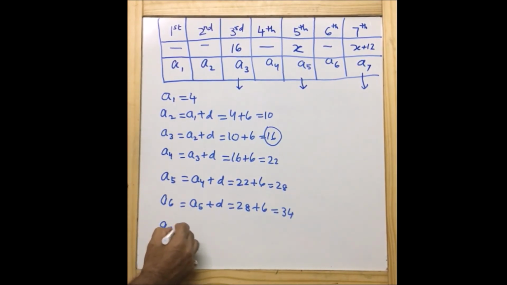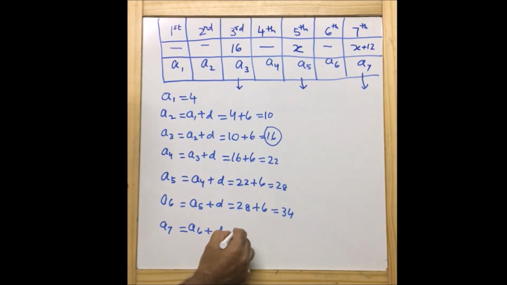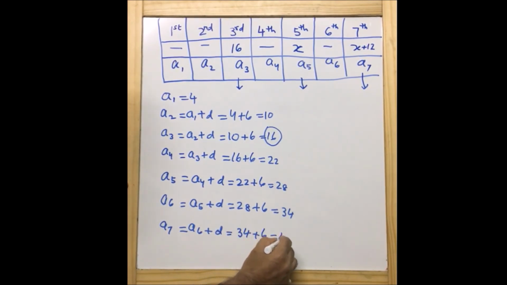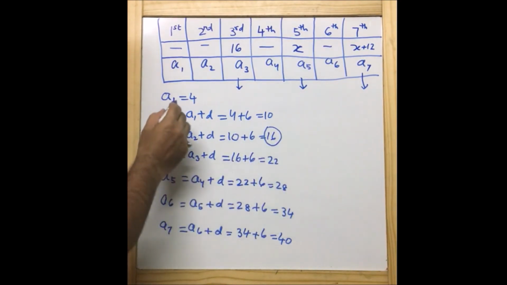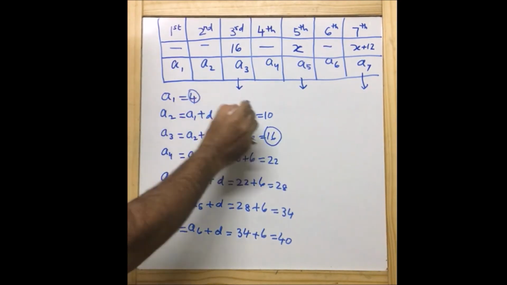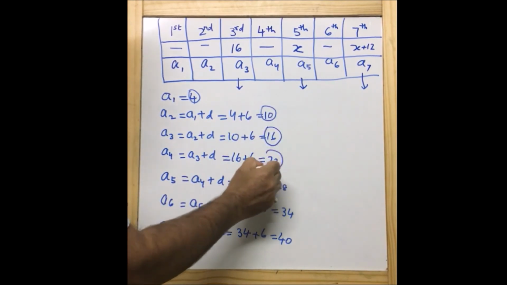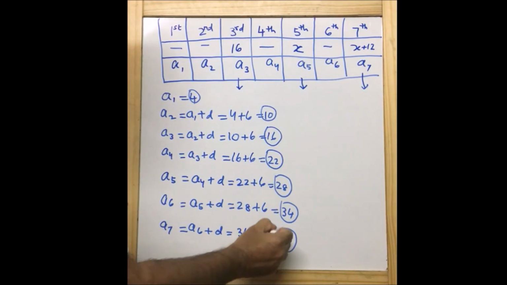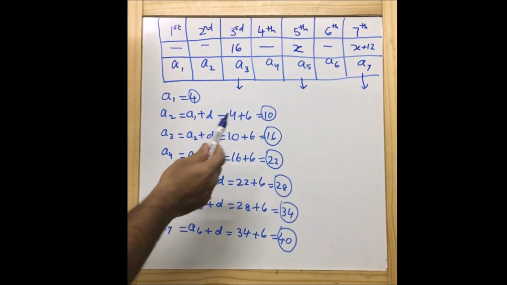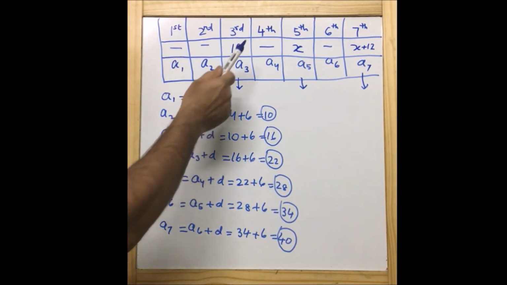A7 is equal to A6 plus D, that is 34 plus 6, that is equal to 40. Okay guys, these are the terms that we got: 4, 10, 16, 22, 28, 34 and 40.